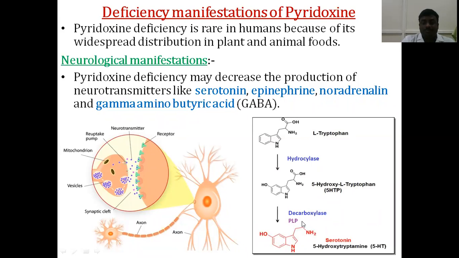If we have a sufficient amount of pyridoxal phosphate, it activates the decarboxylase enzyme, and then tryptophan is converted to serotonin. If there is no pyridoxal phosphate, the decarboxylase enzyme is not activated, and tryptophan is never converted to serotonin. So this is the function of PLP, pyridoxal phosphate.